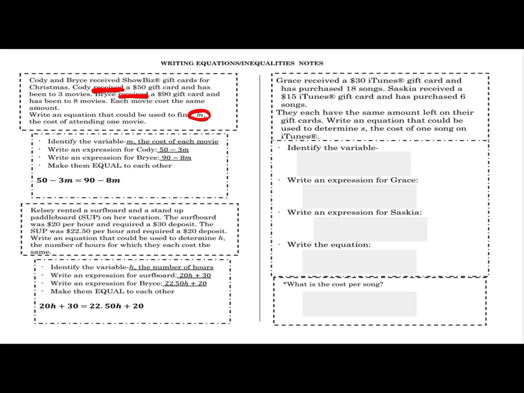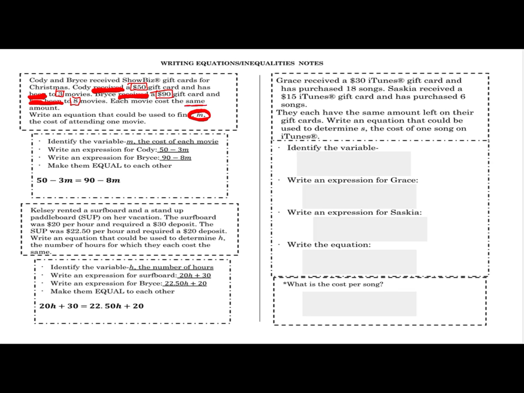We're going to pretend I highlighted, and they have been to 3 movies. So this is another word we're going to highlight. So box our coefficients and our numbers. So we're going to box 8 and 3 movies and $50 and $90. And our end result is each movie costs the same amount. Same amount is what we're underlining.